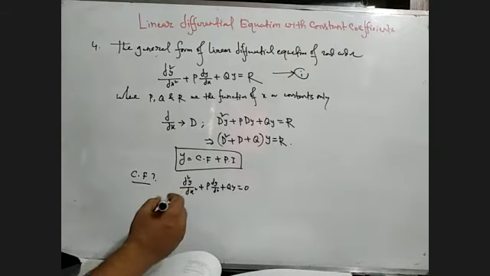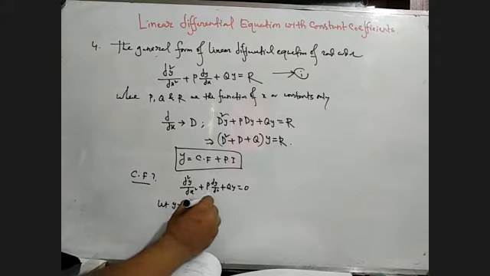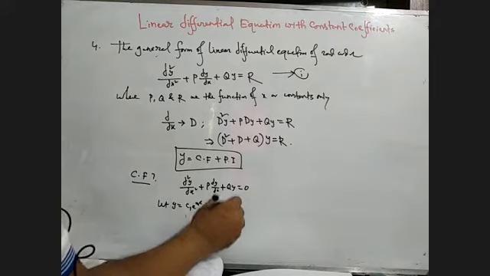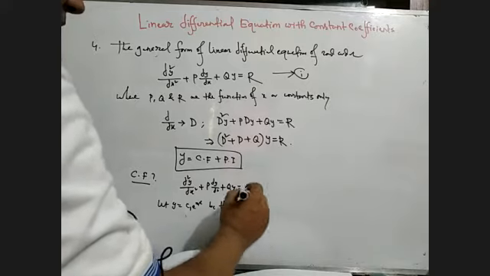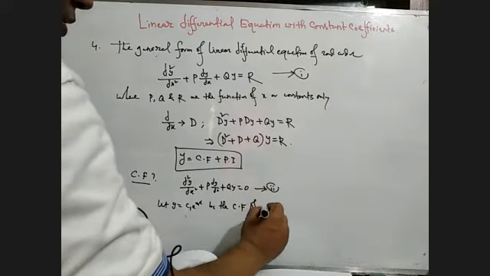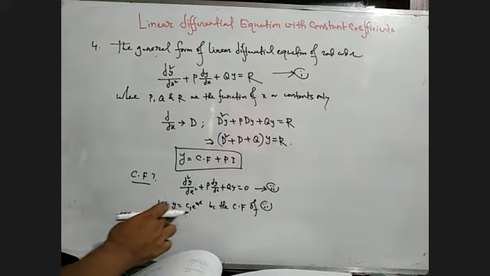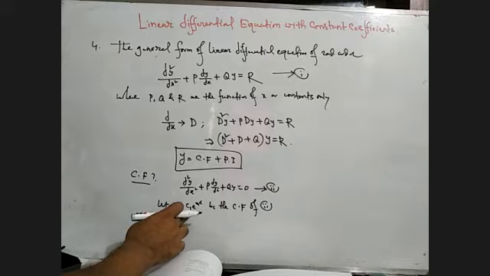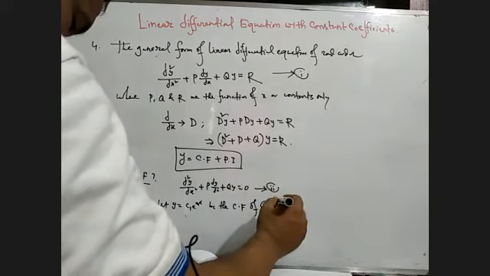Suppose let y equals c1 e^(mx) be the complementary function of these two. Differentiating the first time, we get the value of dy/dx, and differentiating the second time, we get d²y/dx² equals m² c1 e^(mx).